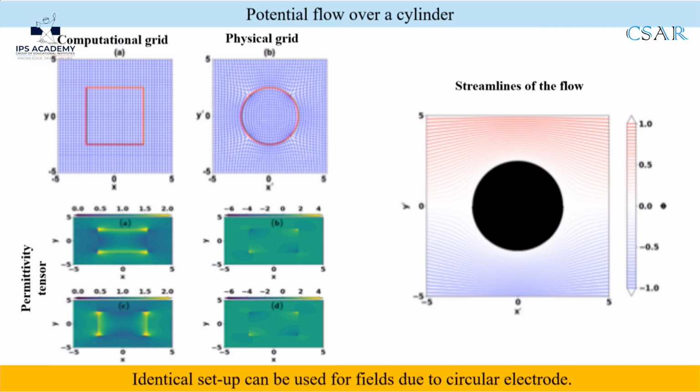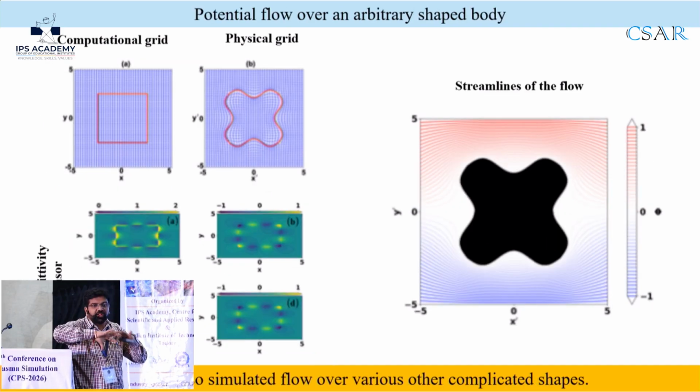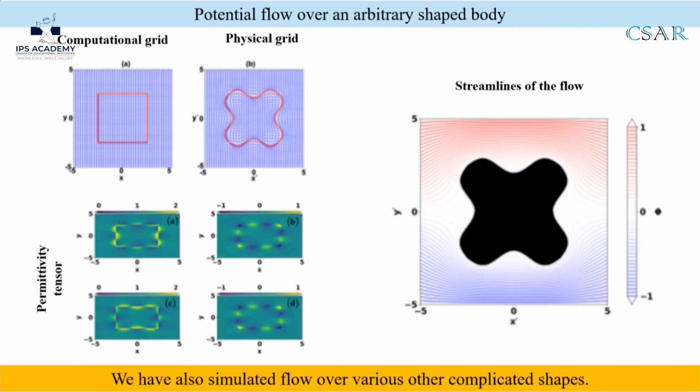Although we took a problem from fluid mechanics, there's absolutely no reason we cannot use this for an electric field due to a charged sphere, for example. All I have to do is change the boundary condition on the sphere, and then I would again generate an electric field due to the sphere. And then just to extend this, you can now make more complicated shapes. For example, this is one of the complicated shapes. Just as a trial, we did it.